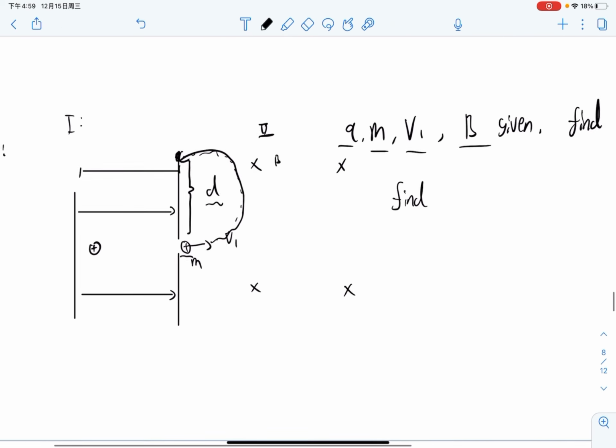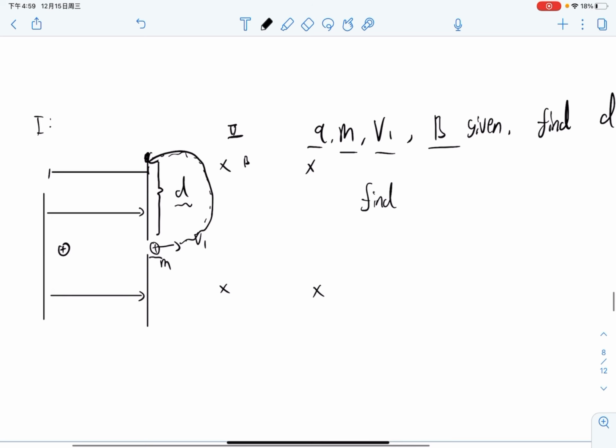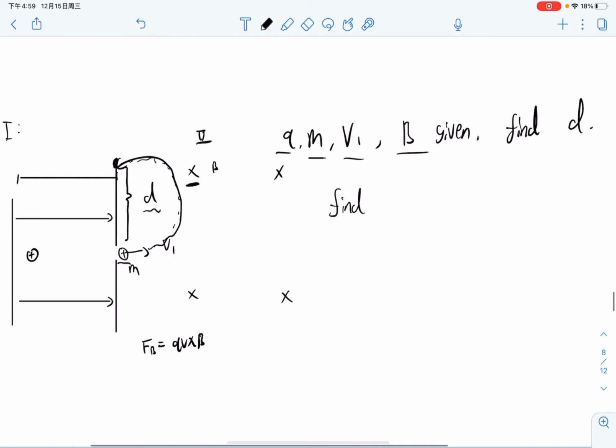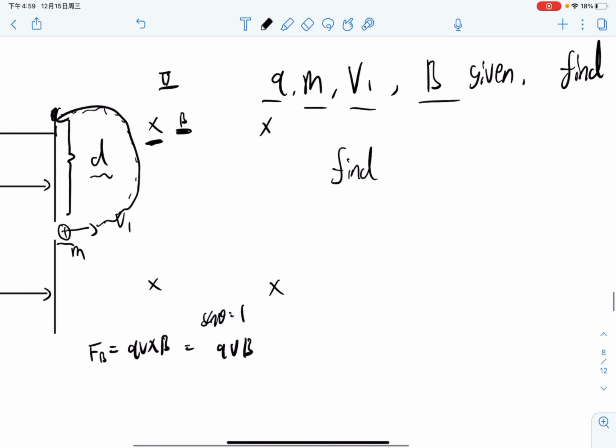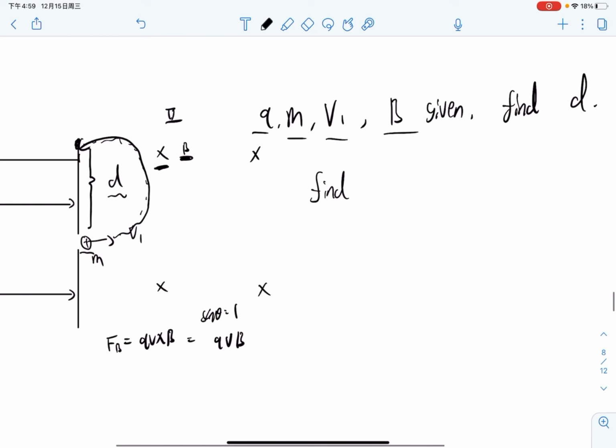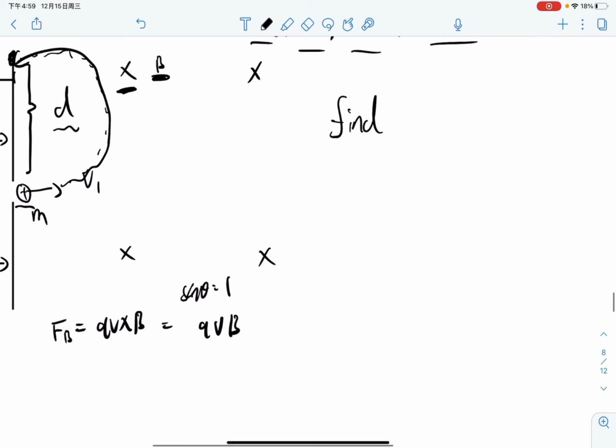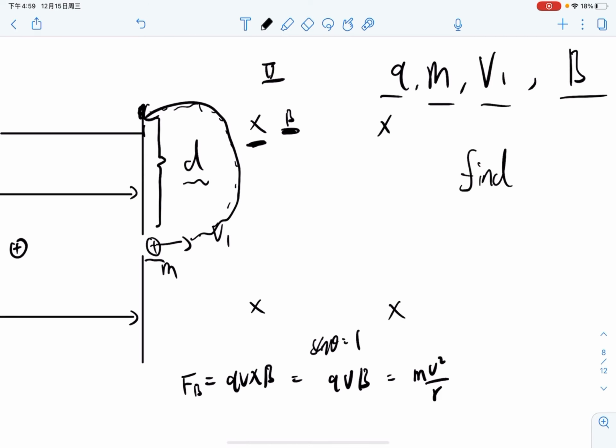We know that qv cross B is the magnetic force. Because the velocity and the B are perpendicular, sine theta is equal to 1, and this is going to be equal to qvB. And this will also supply the centripetal force, which is equal to m v squared divided by R, where R is the radius of the circle.